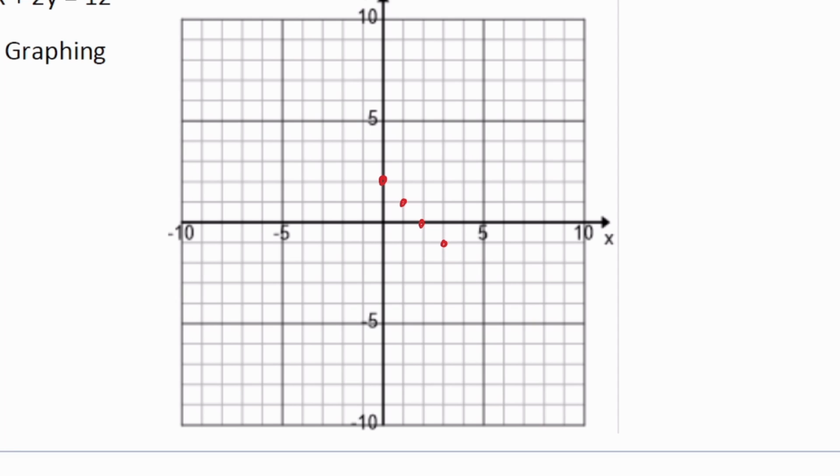Now I don't need to do this many times, but it's nice to have a little path of where I'm going here. And then my iPad allows me to take a line and pass it through all of these. It'll automatically turn into a line for me. So now I have my first equation graphed out.